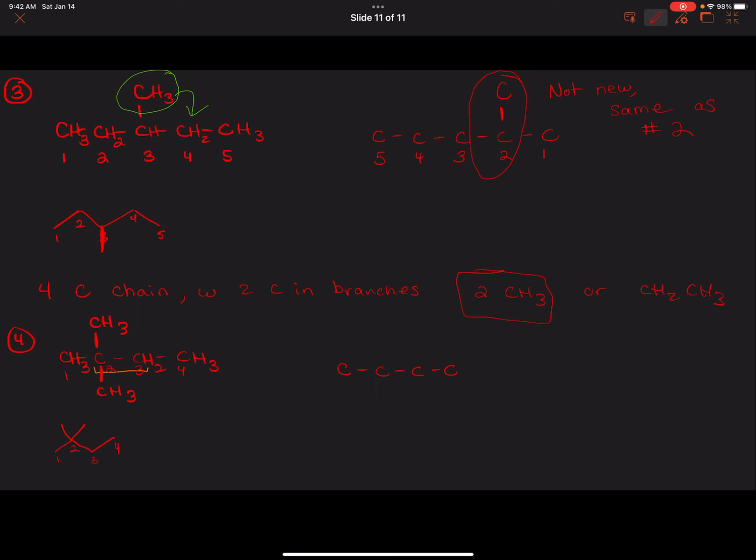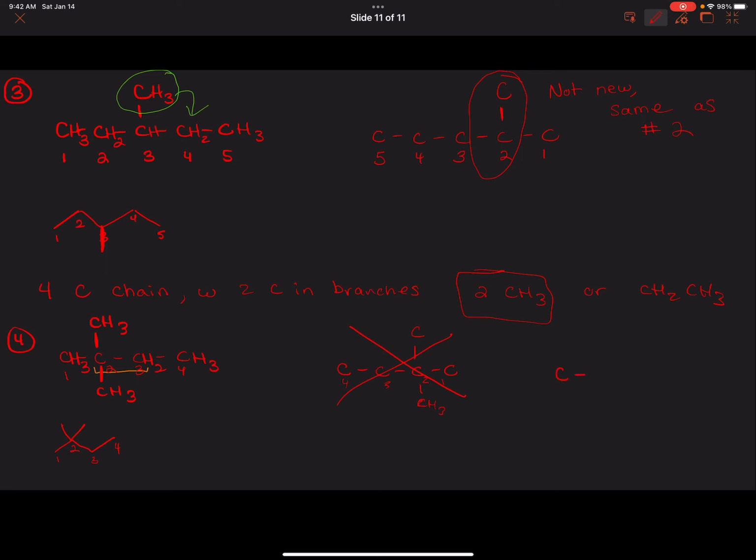If I put both branches on that next carbon and I number, that still puts my branches on location 2. This is not a new structure. So there's only 2 interior carbons. I can only put them together in one structure.